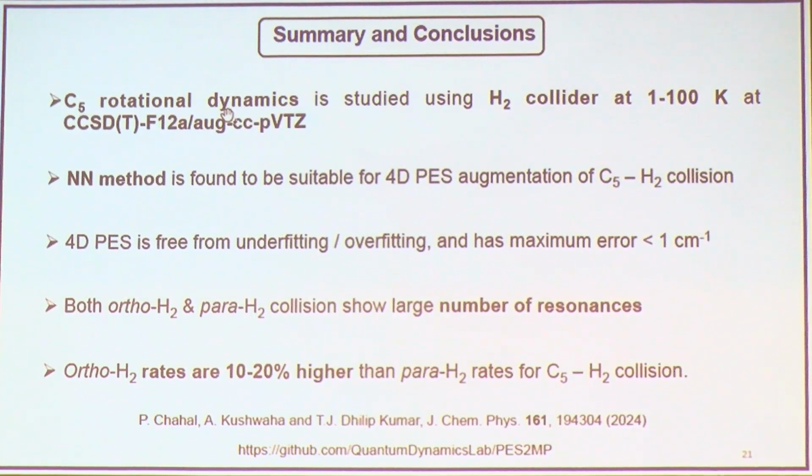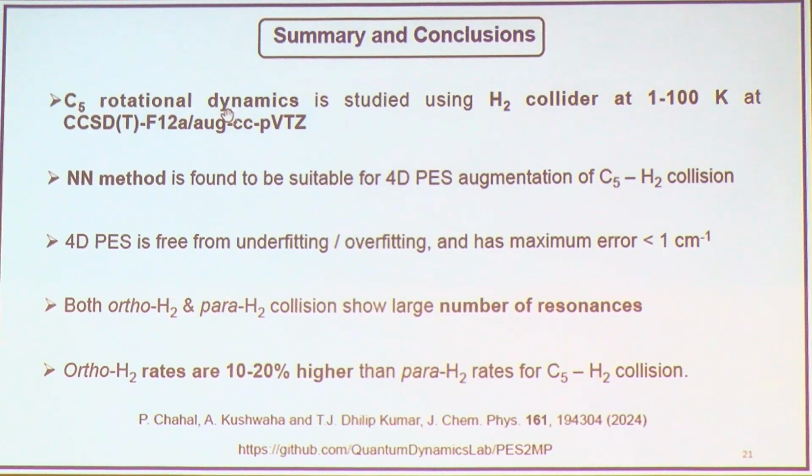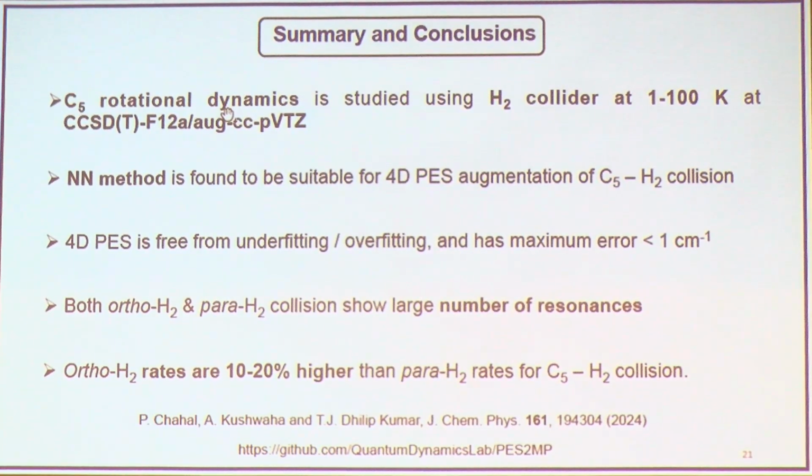Okay, so I just summarized the C5 colliding with the H2 molecule. We use the CCSD(T)-F12a method with the appropriate basis, which has been benchmarked with the CCSD(T) method. And since we are taking hydrogen collisions, it's very time consuming to get the full surface.